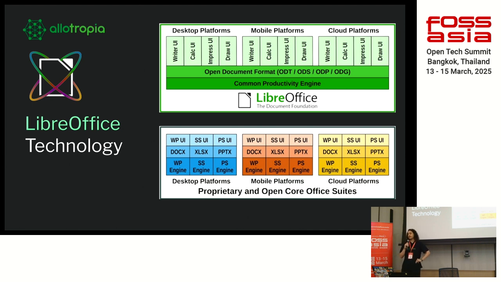Portability has been the starting point since the LibreOffice fork back in 2010. So we use the same code base to build to every platform. It's on desktop, it's on mobile, it's on cloud, and now it's literally in your browser with WebAssembly.